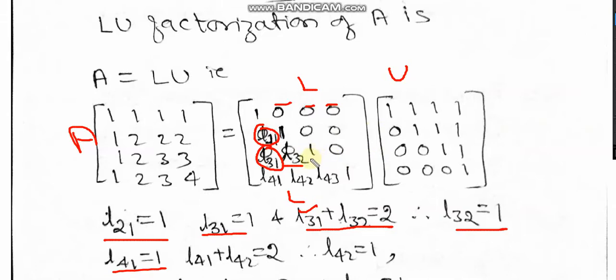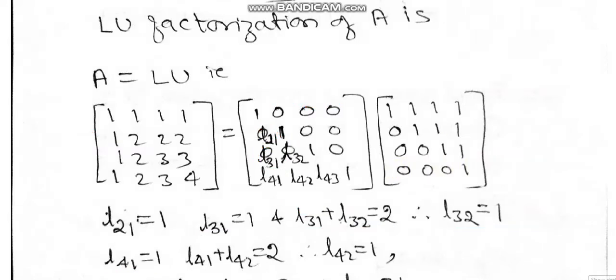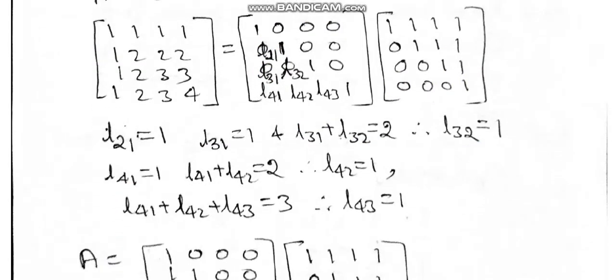Or the arrangement of U changes. The fourth row comes at the last, the fourth row and first row are exchanged, and even the third row and second row are exchanged, and they are written as a mirror image. So that is your L and U factorization.